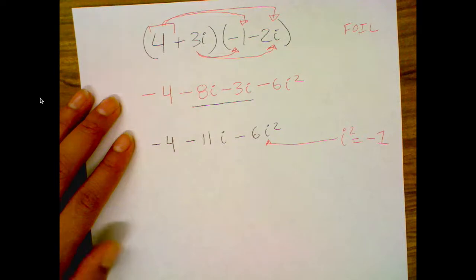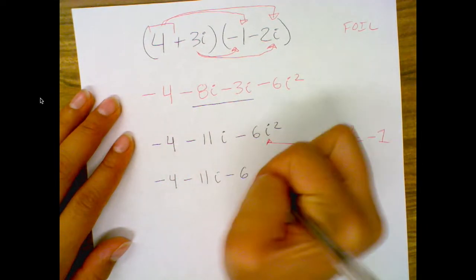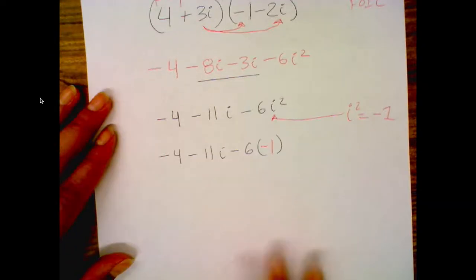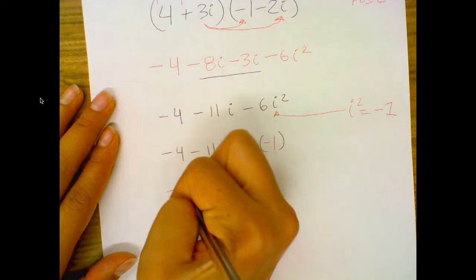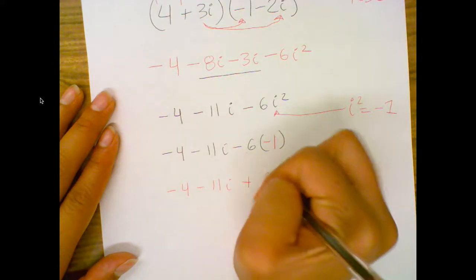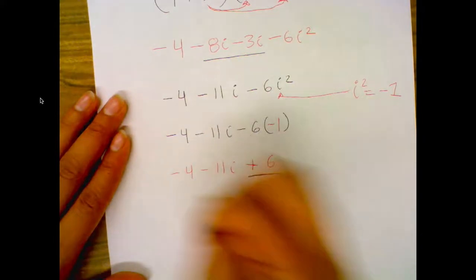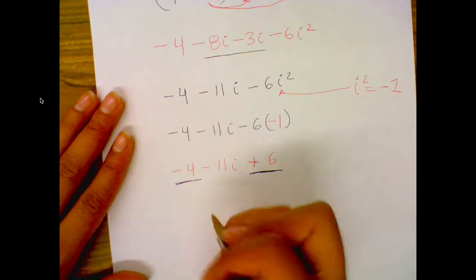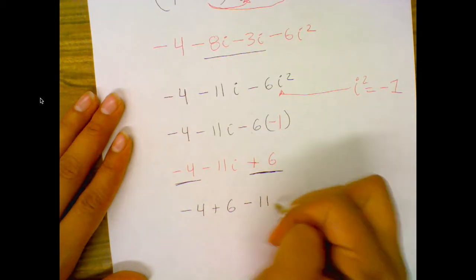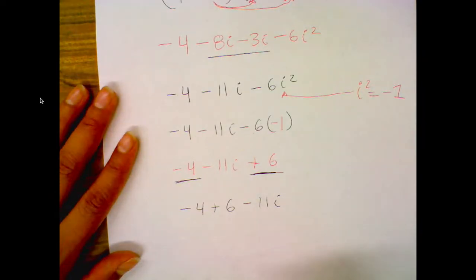So let's rewrite this again. -4 minus 11i minus 6 times -1. And then let's rewrite it: -4 minus 11i. -6 times -1 is +6, and then combine like terms. I can combine 6 and negative 4 with each other. You don't have to do all these steps, but I'm just showing you a very organized manner.